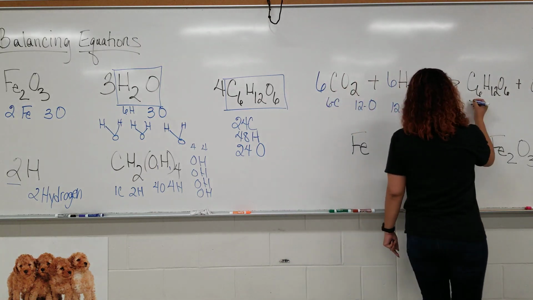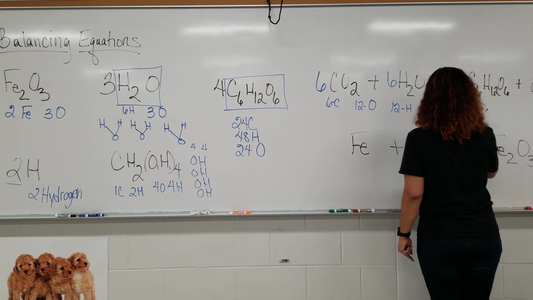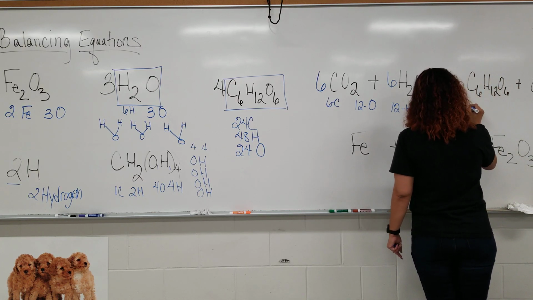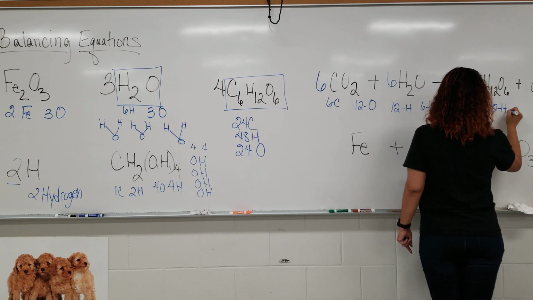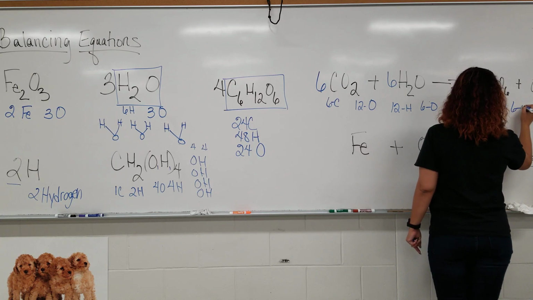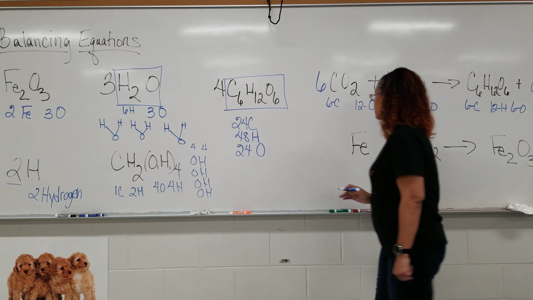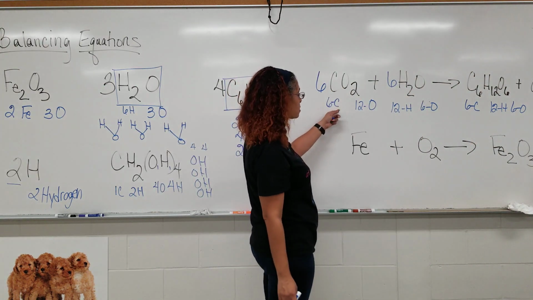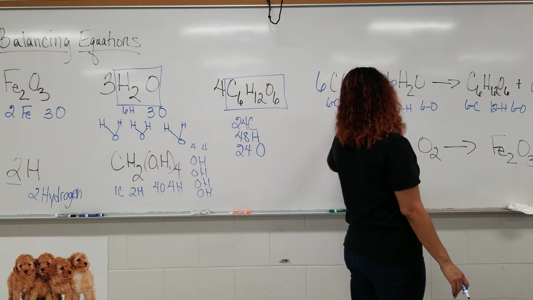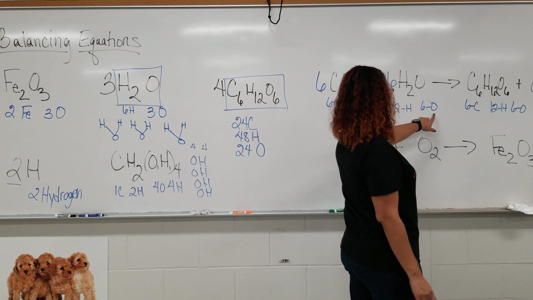Over here, I have 6 carbons, sorry about that, let's keep some continuity. 6 carbons, 12 hydrogens, and 6 oxygens. And then over here I have 2 oxygens, so 6 plus 2 is 8. Okay, so clearly my numbers are still a little bit off because although my carbons are balanced and my hydrogens are balanced, my oxygens still are not balanced.